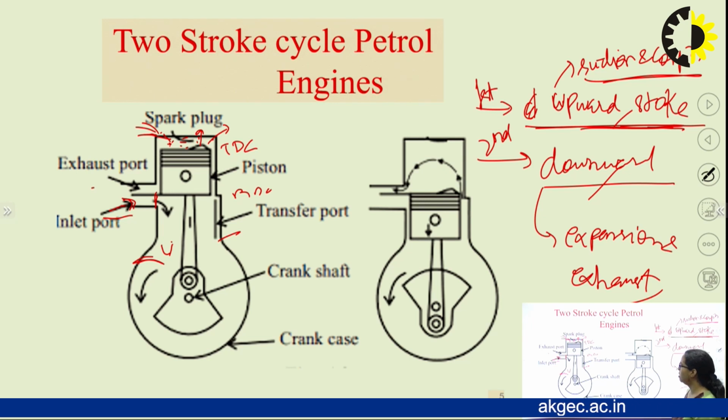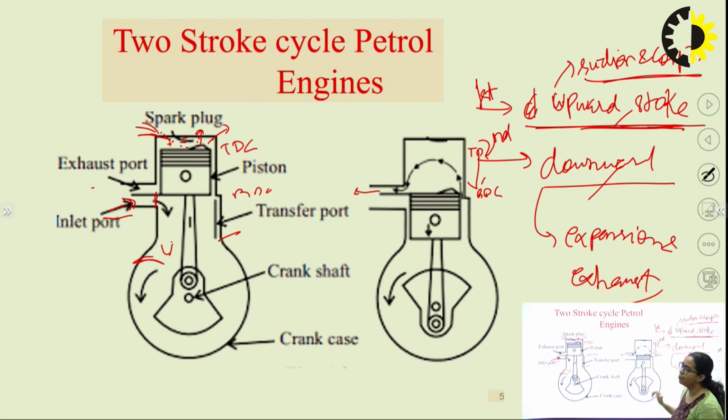So what happens here? Just look, in the downward stroke, when it goes from TDC to BDC, first it will uncover the exhaust port, because the designing of the cylinder block is done in such a way that the opening will be governed by the movement. So the exhaust port opens here.